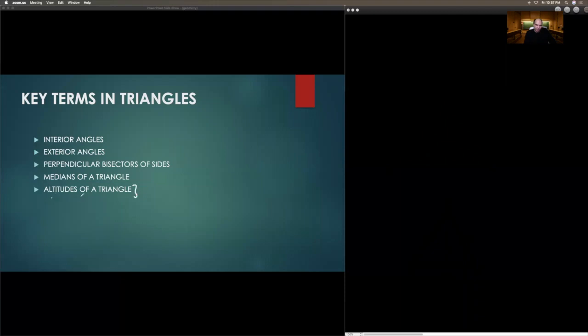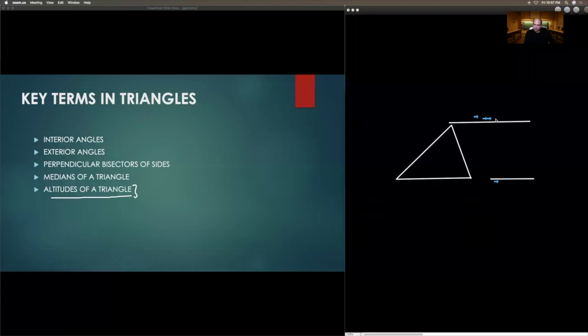And the third one is the altitude of a triangle. Altitude basically is the height of a triangle. So whenever you have any triangle, let's say I go for a scalene triangle like this. If I take this as the base level and this is the top level, you can see that this triangle has its height from here to here, right?